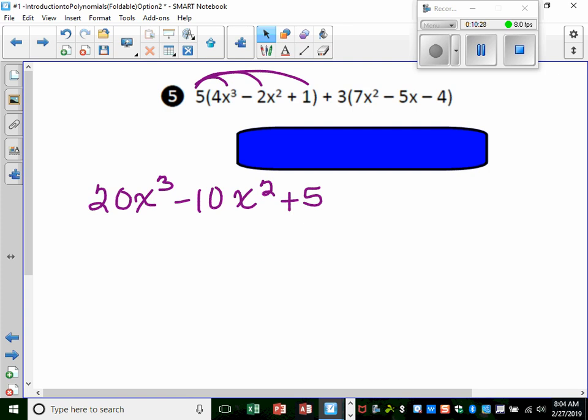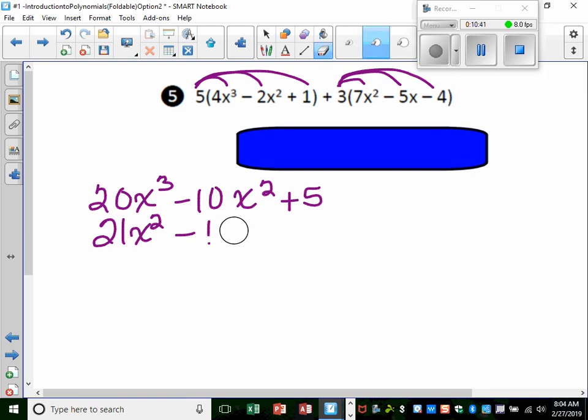Plus, now I'm going to multiply everything by 3. So 21x squared minus 15. And let me do this because I see I have a 15x here. So what I'm going to do, I'm going to fill this in since I don't have, let me move this over. I need to correct this.